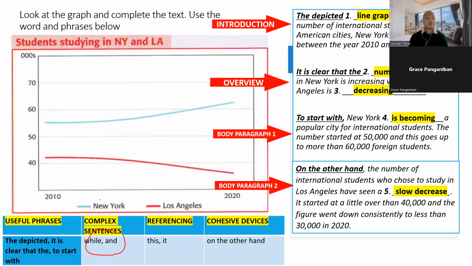If there is a date in the present, use simple present. And if there is a date in the future, use simple future. That's it. Progressive tense is not commonly used in task one. Okay, let's move on to the next one.